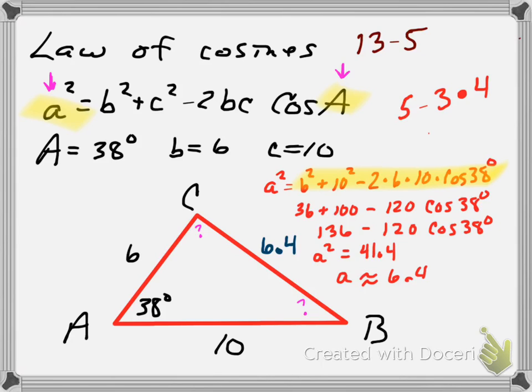You always want to find the smaller angle when you have a choice. Okay? Here's why. Obviously, you would agree with me that triangles could potentially have an obtuse angle. Right? A triangle could have a 130-degree angle.